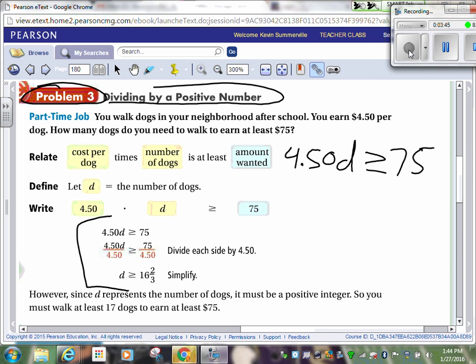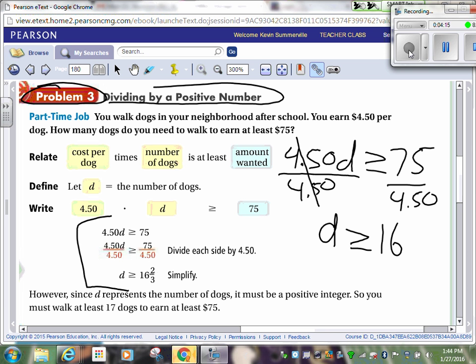So what do I do here when I have a number next to a letter? I have a number next to a letter, so I have to divide it. Excellent. Divide this side by 4.5, but also this side by 4.5. So when I do that, that crosses out, and I get D is greater than or equal to 75 divided by 4.5, which is 16 point something in the calculator, but in the book it's showing it as 2/3.